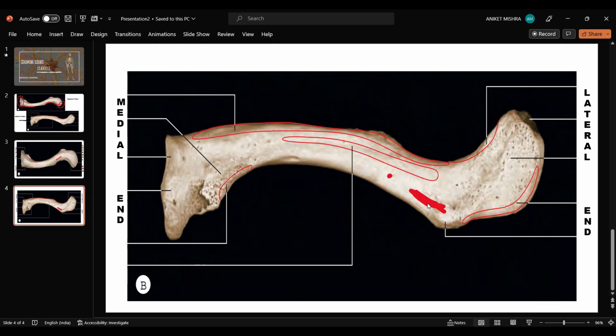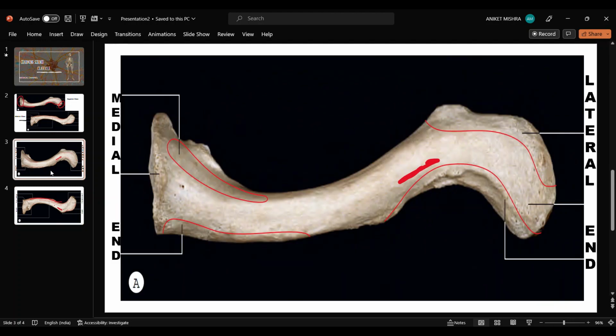The medial three-fifths provides attachment to the pectoralis major. Seeing the inferior surface, this is the place where the clavicular head of the pectoralis major is attached.